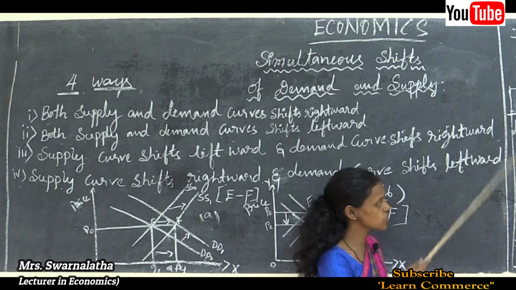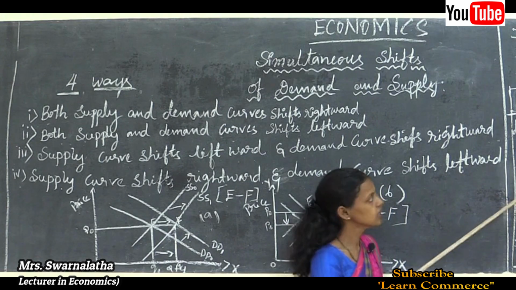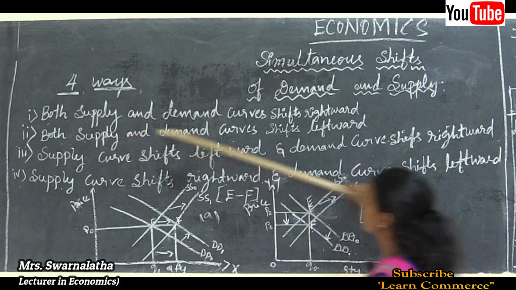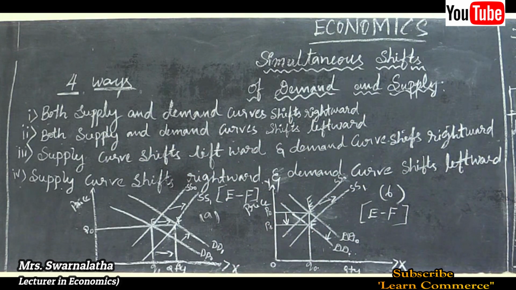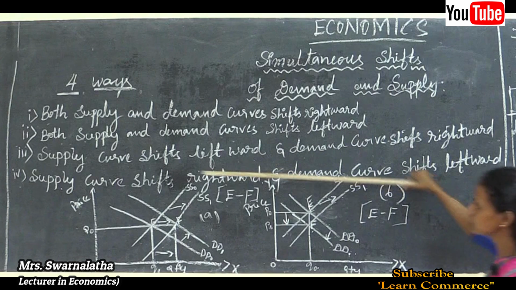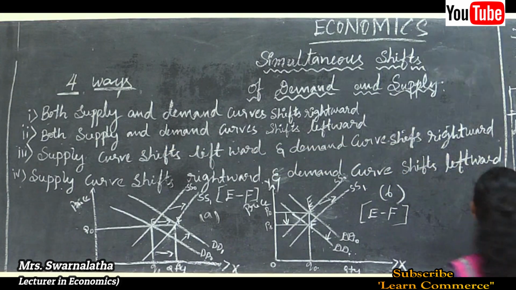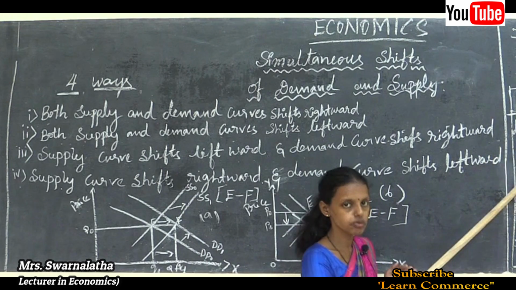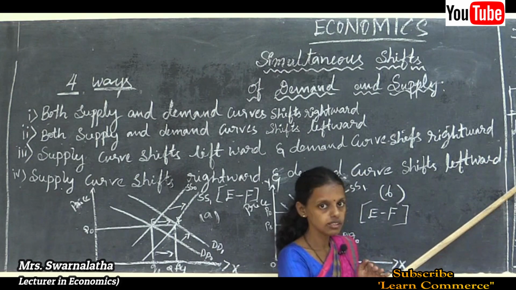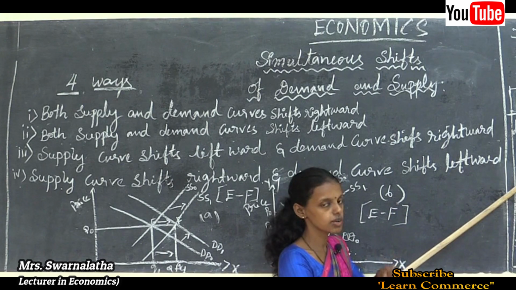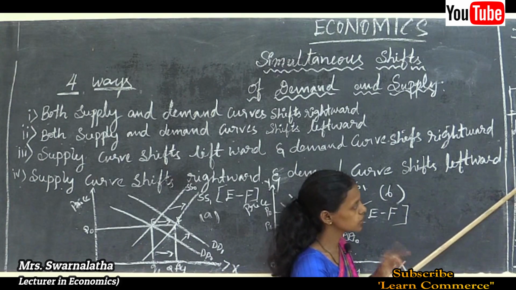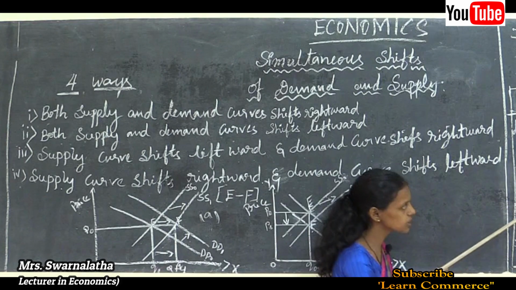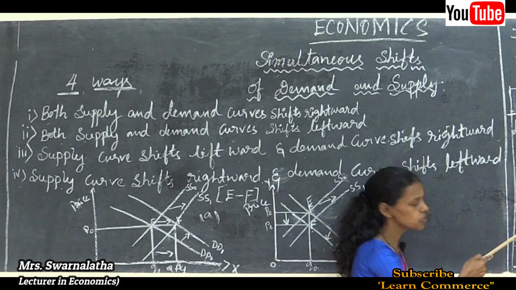Both these conditions you can study under the panel A figure. So here both the supply and demand curves shift rightward, as we studied. Before, both the supply and demand curves shifted leftward. See, due to the change in the equilibrium from E to F, as we discussed in the figure, the demand shifts rightward, the supply shifts rightward, and the quantity produced increases.